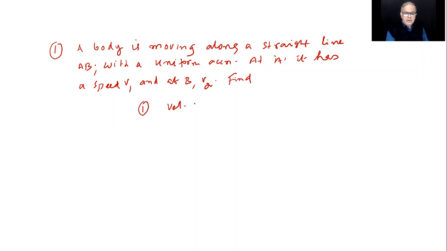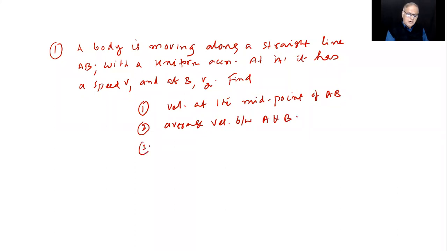Velocity at the midpoint of AB. 2. Average velocity between A and B. 3. Velocity after half the time from A.